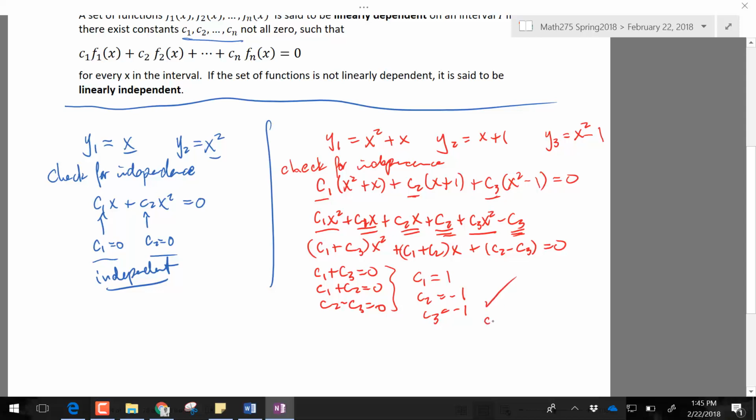So we see that the Ci's are not all 0. So that means these must be dependent.